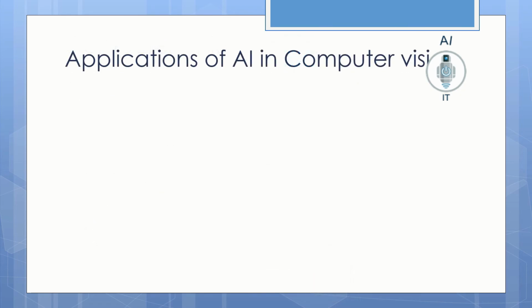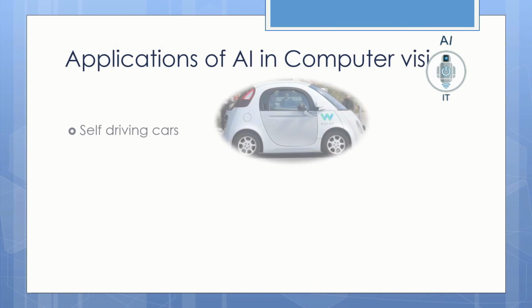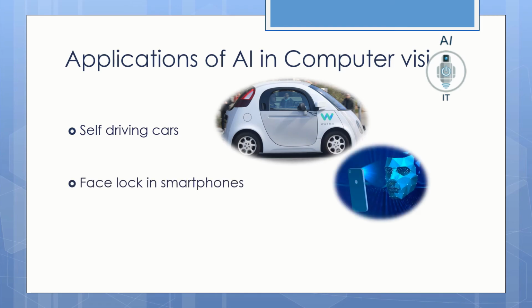Some common applications in computer vision are self-driving cars. These cars have cameras, sensors. They can scan any live objects, analyze them, and decide whether to keep running or not. Another is the face lock feature in smartphones. Nowadays, most of the smartphones come with this feature.